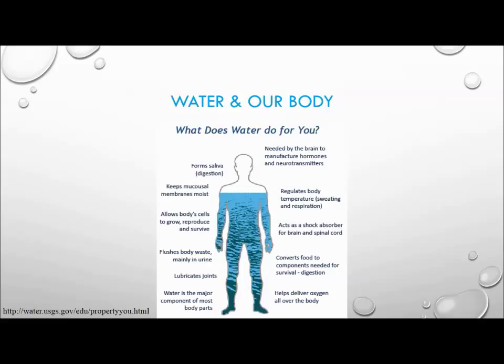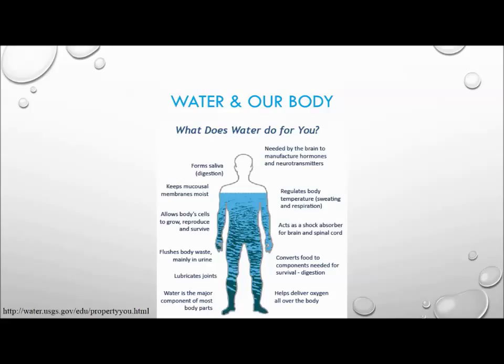Flushes body waste, mainly in urine. Urine is composed in the majority of water and other percentages of potassium and salts. It also lubricates joints, and water is a major component of most body parts, as we said already about the percentages of each one.